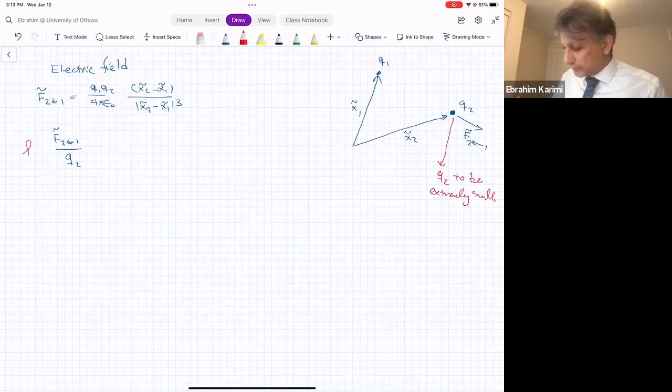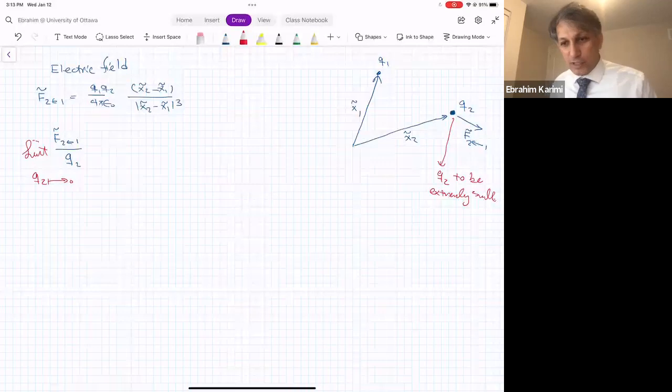Mathematically, we consider that Q2 tends to 0. But physically, we know that this is impossible because charges are quantized, right? So essentially, Q2 tends to be the charge of an electron or proton, okay? So we assign this property to only charge 1.